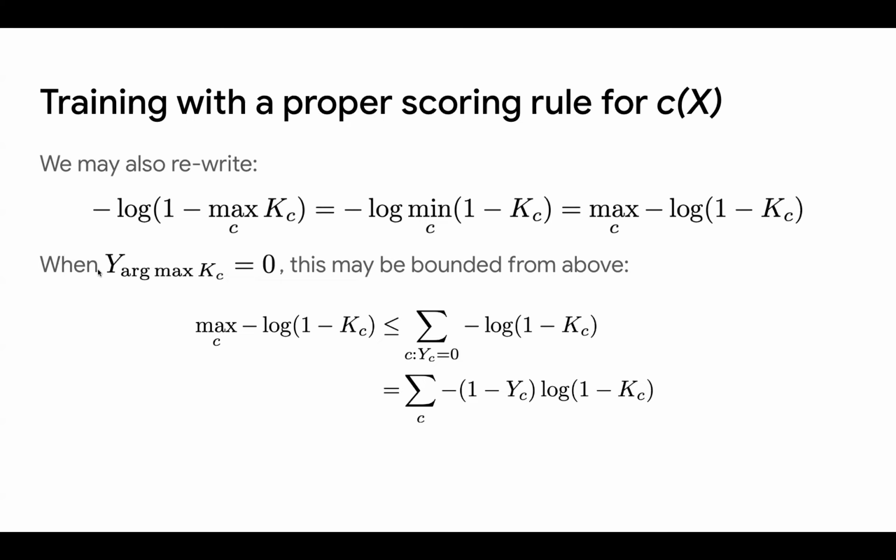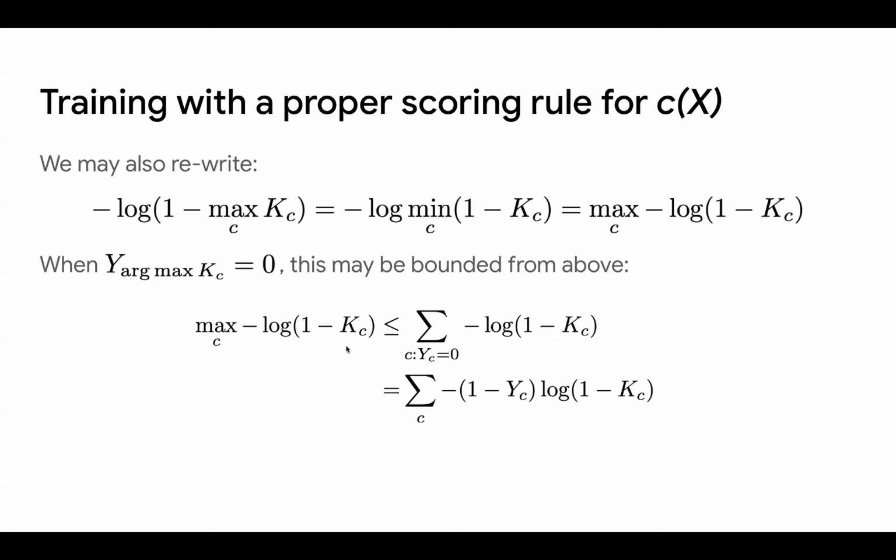And now when your prediction is wrong, you can bound this max of minus log 1 minus K by the summation over many minus log 1 minus KC values, because the index where this value is maximized corresponds to the case when YC is 0.